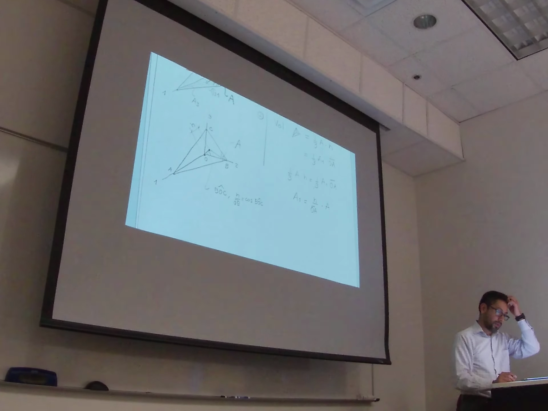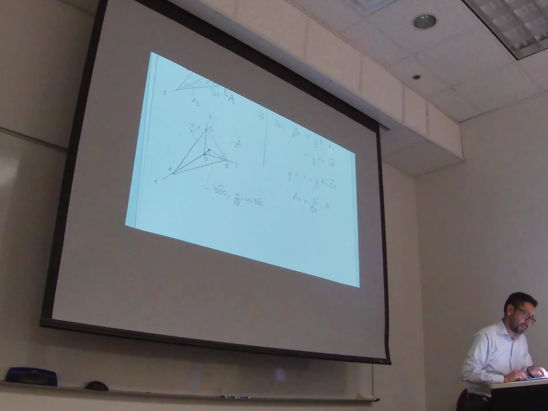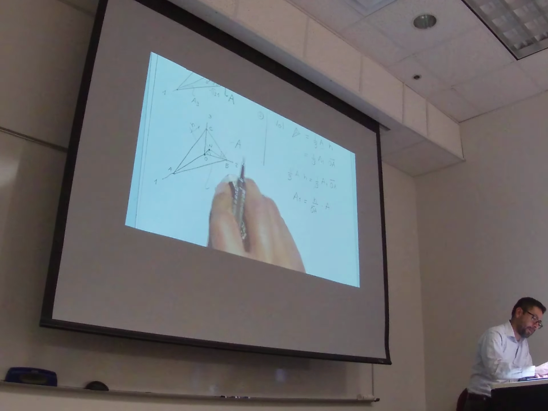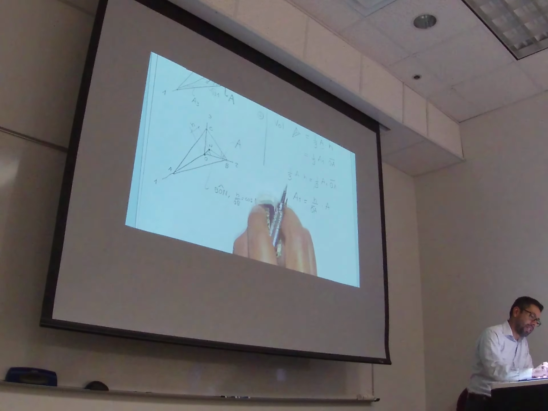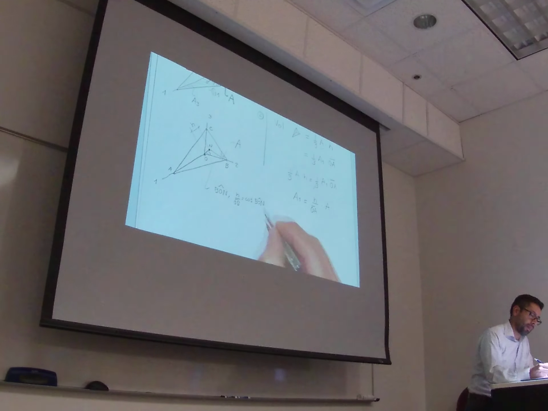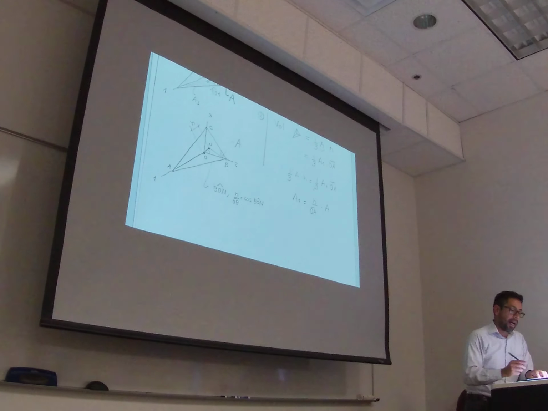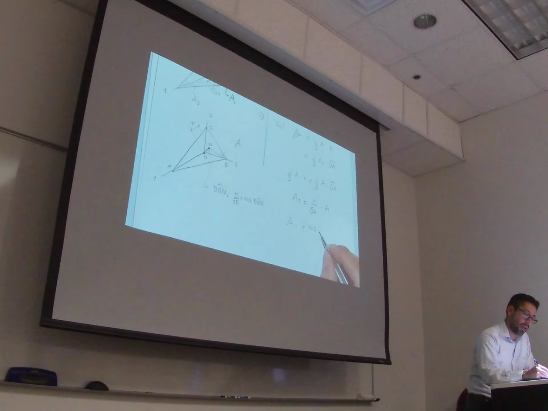I don't think it's BOC. You have not defined the point. I'm sorry, BO. You have to define the point. That's the point, let's call it N. It is the angle BON. Thank you for that. Yeah, it is the angle BON. And in the same way, this is going to be equal to the cosine of the angle AON.